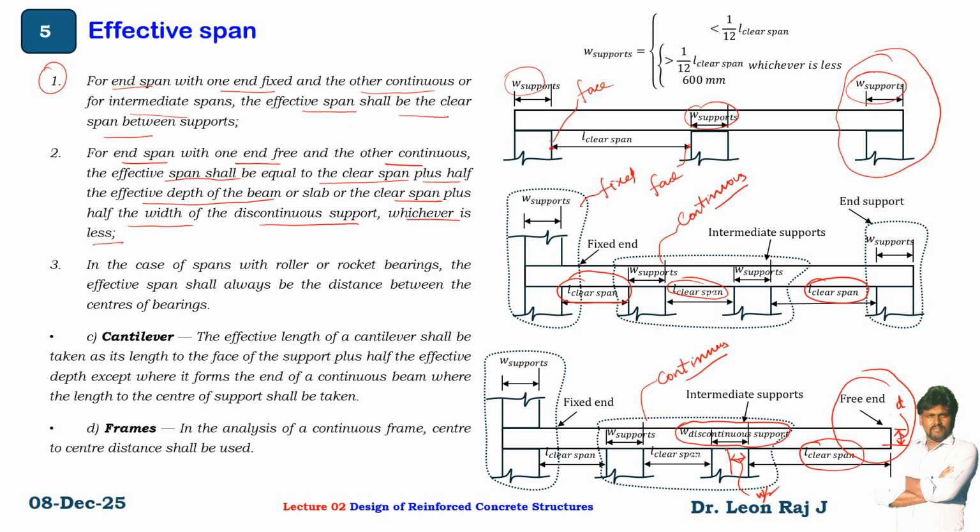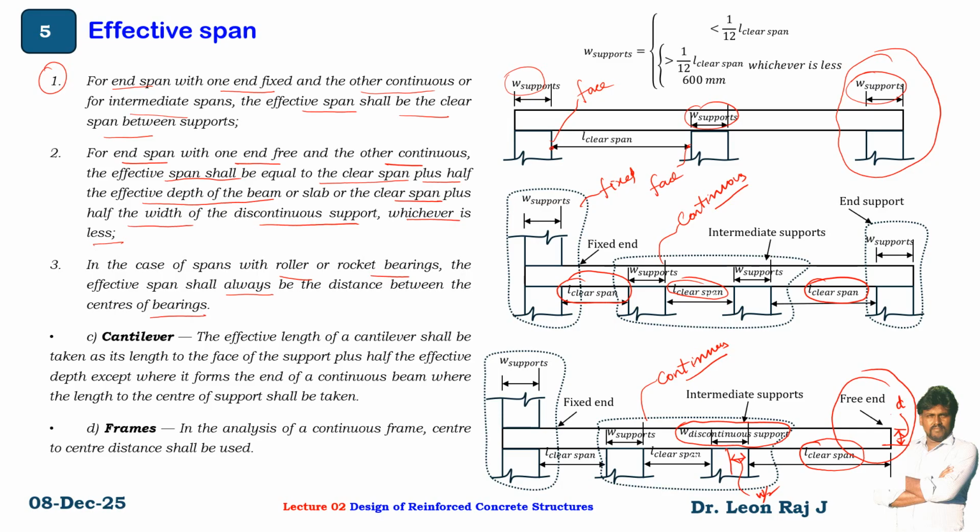In the case of spans with roller or rocker bearings, the effective span shall always be the distance between the centers of bearings. I will show that in the next slide.